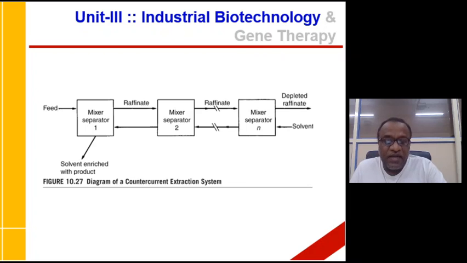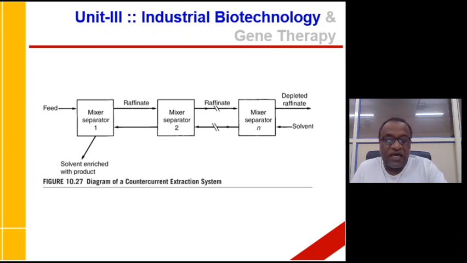The feed and extracting solvent passes through the cascade in opposite direction. That is why it is named the counter current extraction system. In co-current, it is in the same direction, whereas in counter current, the feed and extracting solvent passes through the cascade in opposite direction.